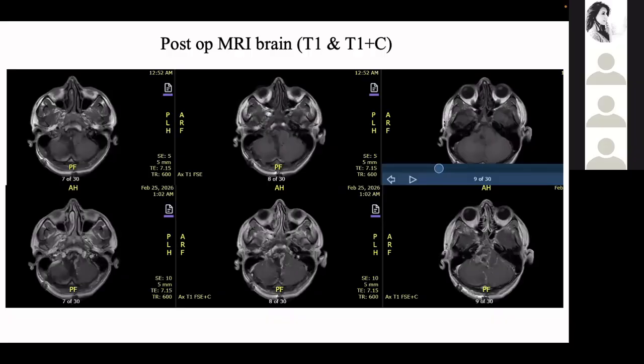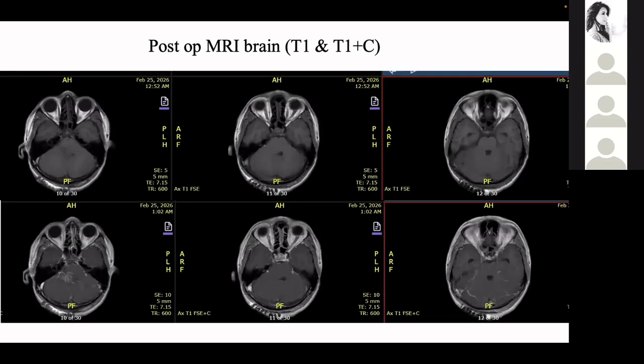So on the upper row is unenhanced and the lower row is enhanced image. So you can see the enhancement along the resection cavity, along its inferior as well as left lateral aspect. So this is the residual tumor. You can see the tumor is also within the foramen of Luschka on the right side.